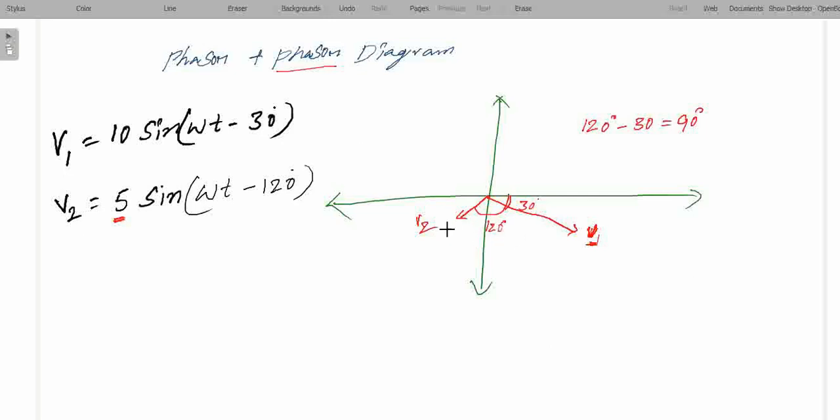So V2 is lagging by 90 degrees, and with respect to V2, V1 is leading. Right? This V2 is lagging. So like this we need to draw a phasor diagram for given voltages.